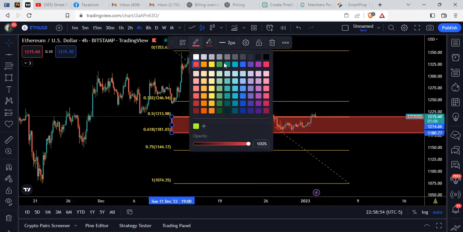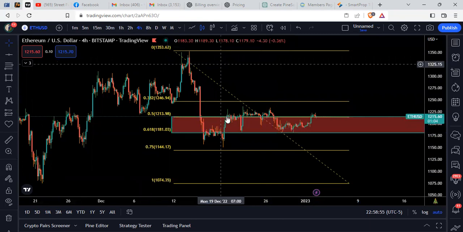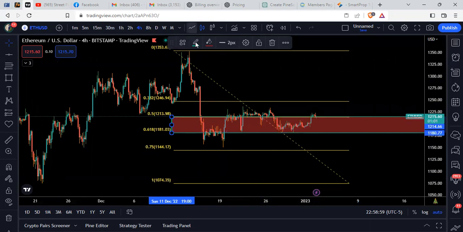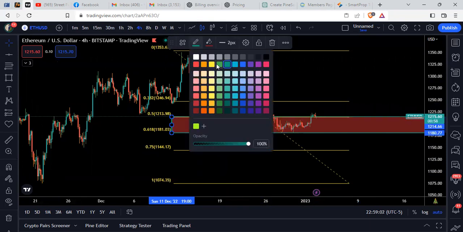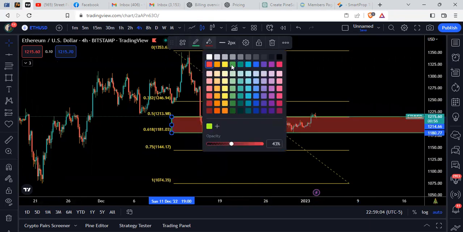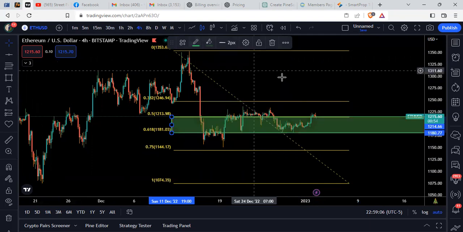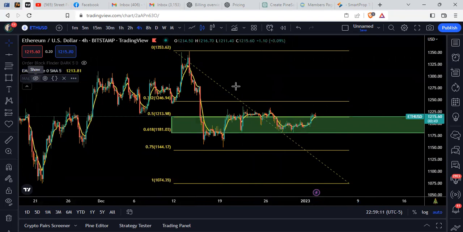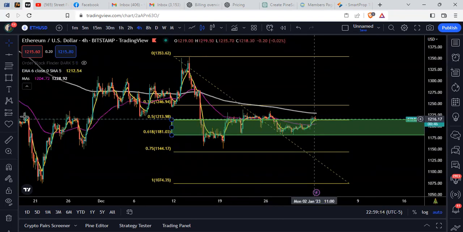We're sitting right at the golden zone. And it's right there.